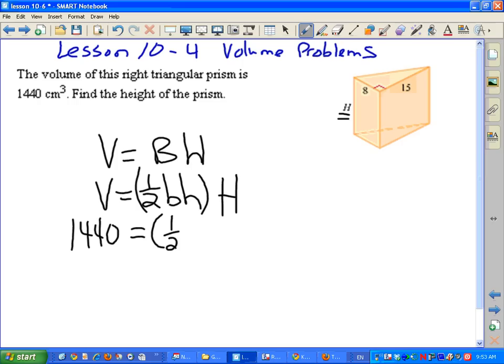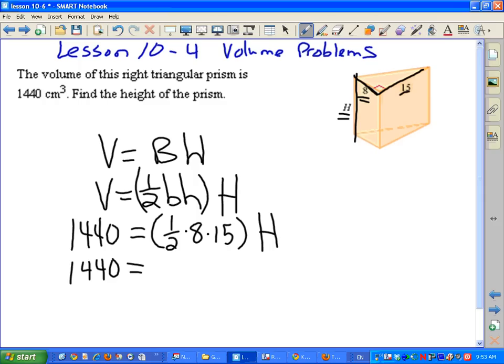And if you look up at the triangle, since it's a right triangle, this is your base, which is 8 of the triangle. And this is your height of the triangle. Alright, and H stands for this height right here, the height of the actual prism. And so if I just continue doing my math here, half of the 8 turns out to be 4, and 4 times 15 gives me 60.